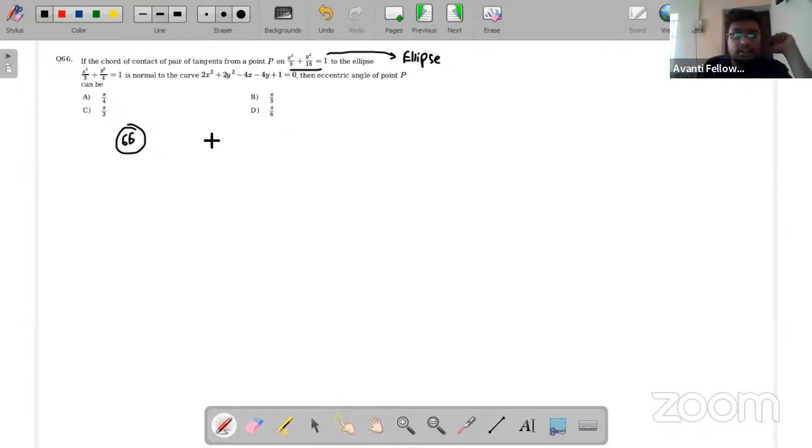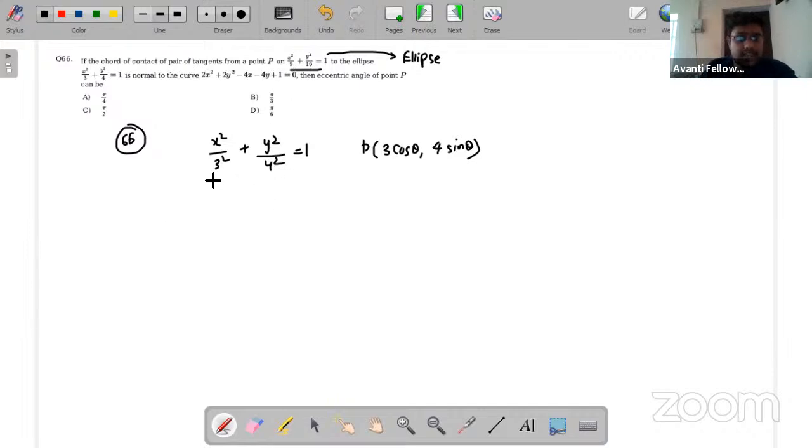Here this ellipse can be written as x square by a square plus y square by b square is equal to 1. Clear? So the parametric point P will be 3 cos theta comma 4 sin theta, that is a cos theta comma b sin theta, right? So, the chord of contact of a pair of tangents from a point P.